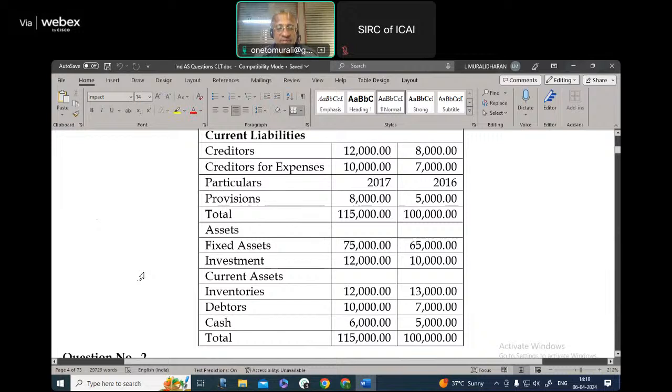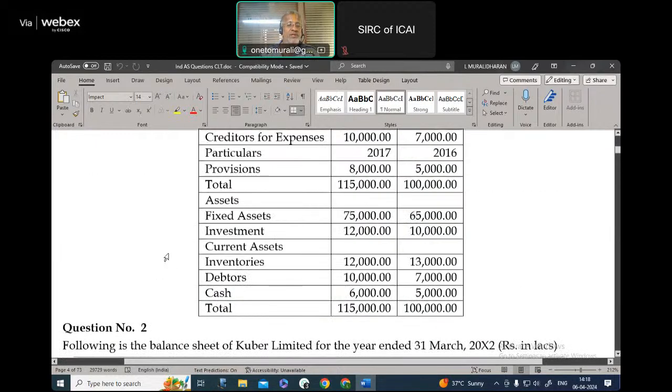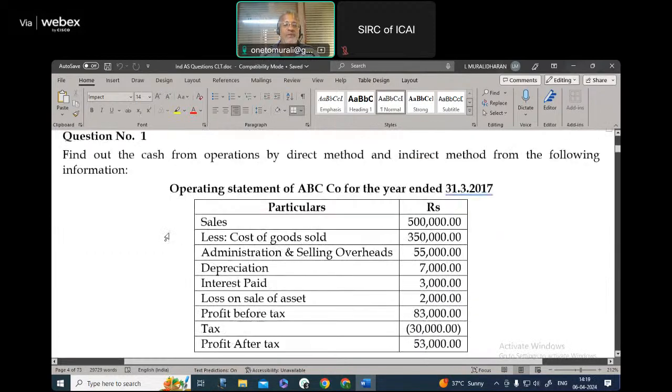Assets, fixed assets 75,000 and 65,000, investments 12,000 and 10,000. Current assets, inventories 12 and 13, debtors 10,000 and 7,000, cash 6,000 and 5,000. Total is that. So with this information, we are expected to do under direct method as well as indirect method. So this is an institute study material problem.